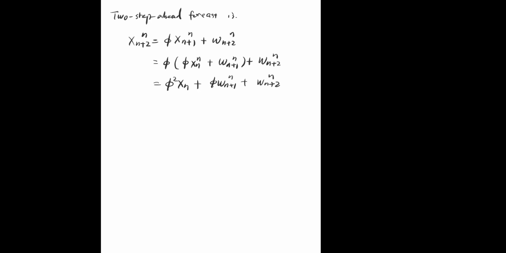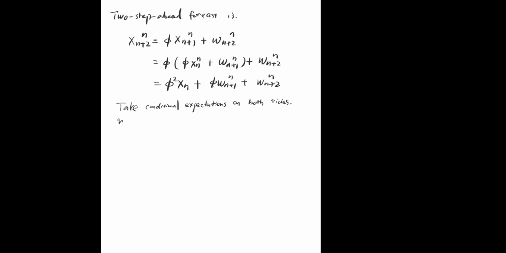So what I do here is plug in the formula of x_{n+1}^n, which is the formula that I gave in the last slide, equal to phi x_n plus w_{n+1}. I just plug this in, do some very simple algebra, and this is what I got. And we take conditional expectations on both sides.